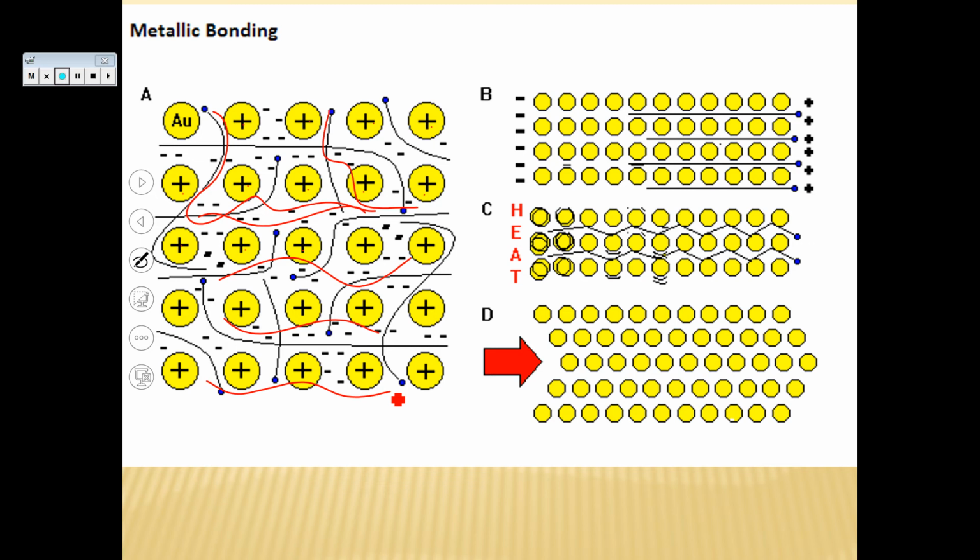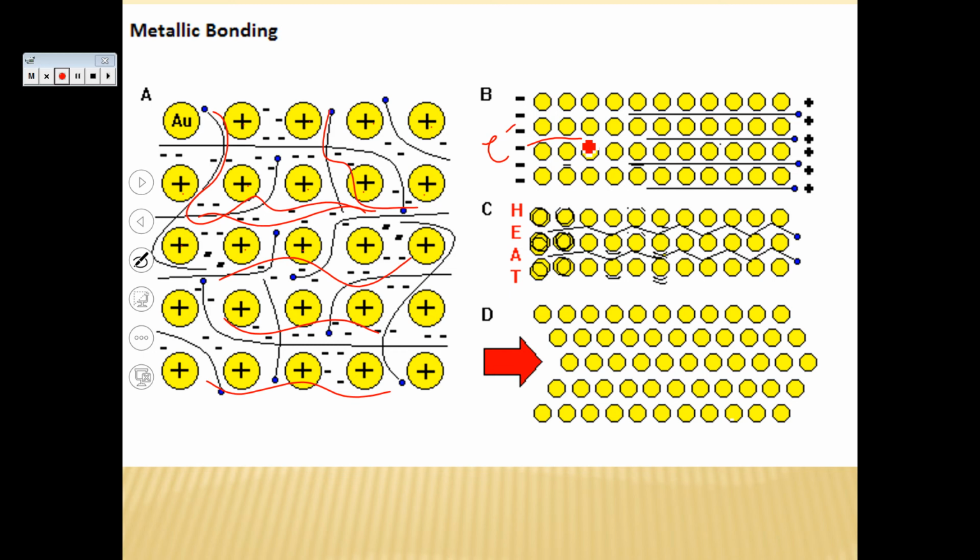Because there is this mobility of the electrons, in figure B, it shows you how and why metals conduct electricity. Because if you send an electric current through a metal, the delocalized sea of electrons basically carries that charge from one side to another.